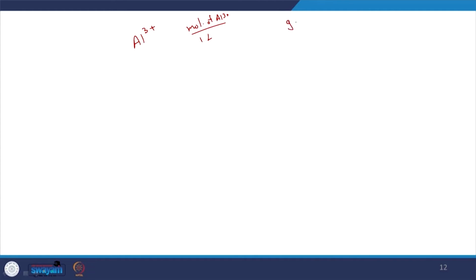It will give me an idea about grams of Al3 plus per 1 mole of Al3 plus. So, how much is this molecular weight? This will be required, and obviously, if I have the mass of that particular solution, I can use this molecular weight to get the Al3 plus once we look at the stoichiometry.